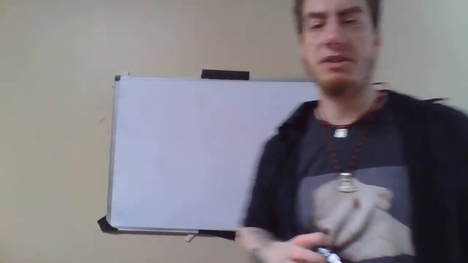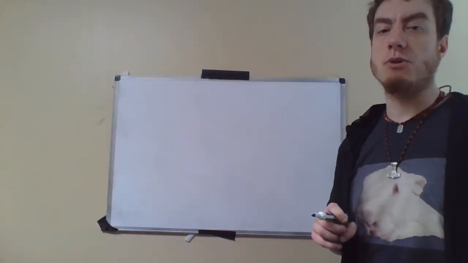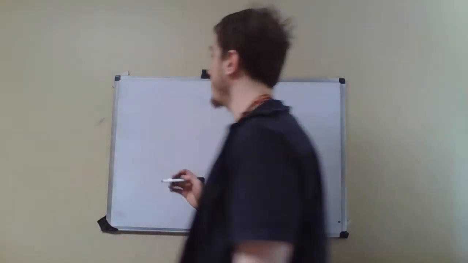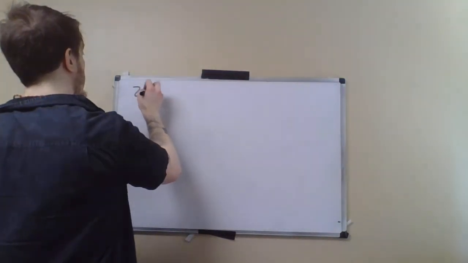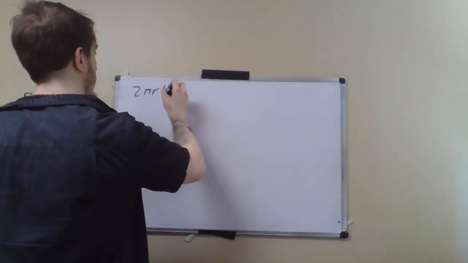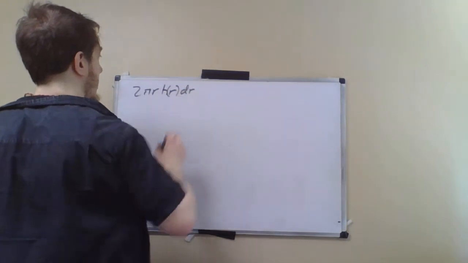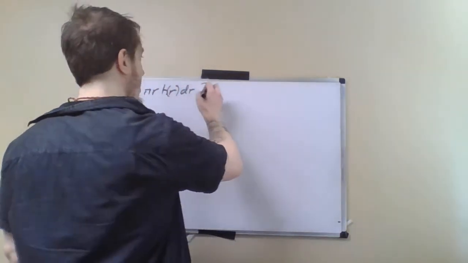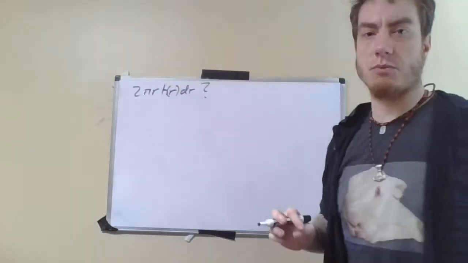So how do we see that the volume of the shell is approximated by 2 pi r h of r dr as the approximation for the shell? Well, here's the reason for it.